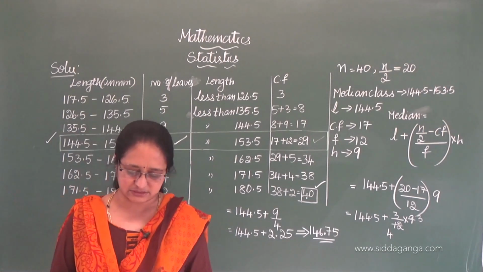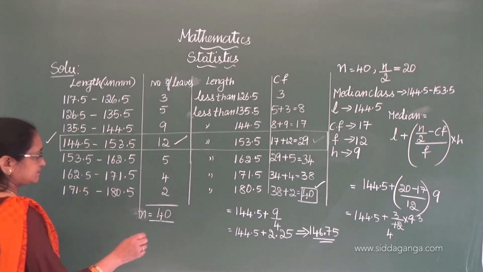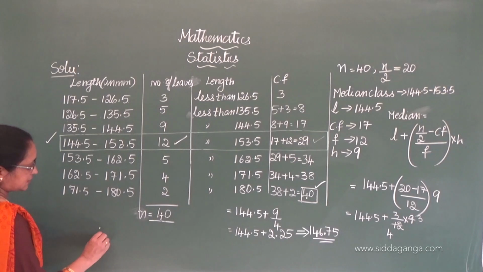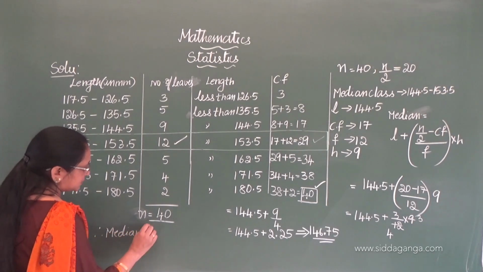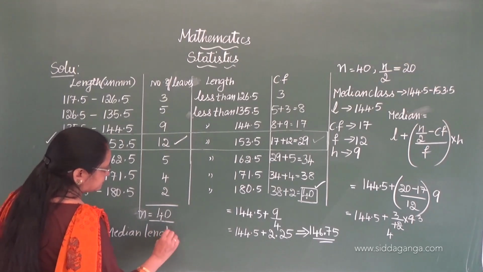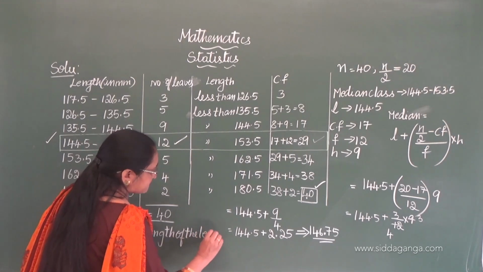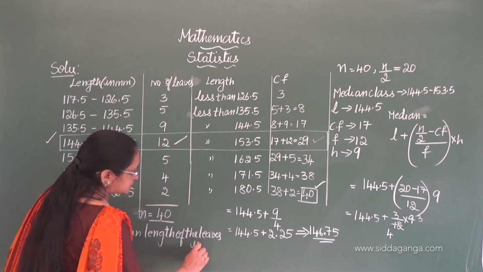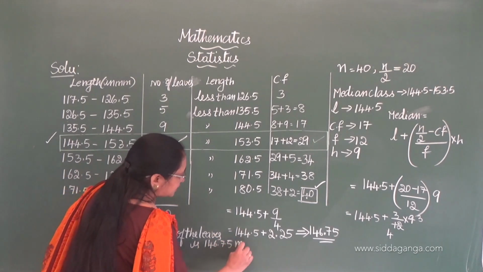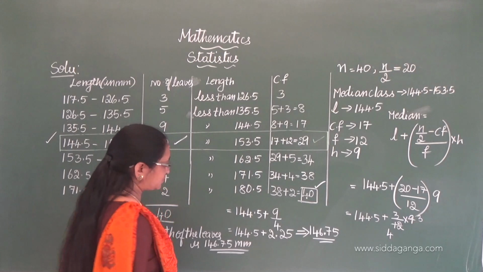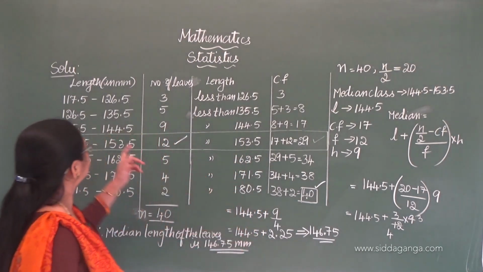And you better write the conclusion. In the question they have asked, find the median length of the leaves. So, what is the final answer? Therefore, median length of the leaves is 146.75 millimeter, because they have given in millimeter.